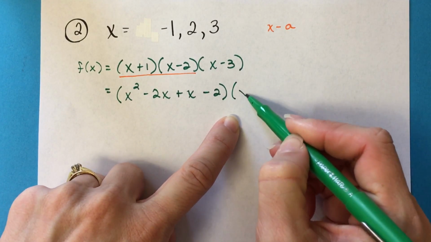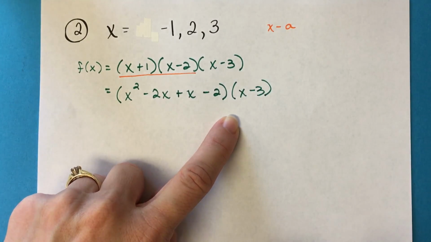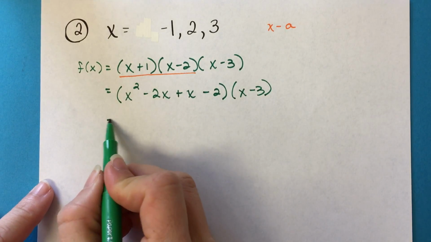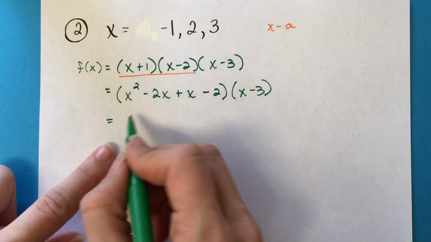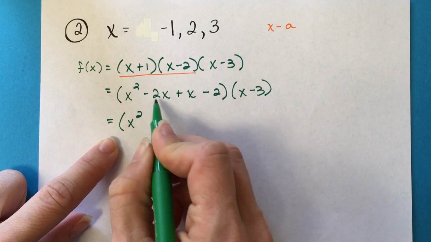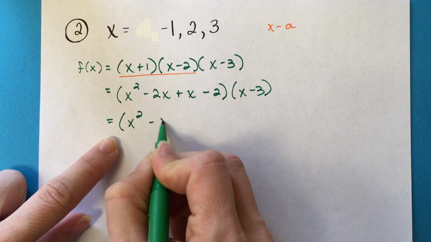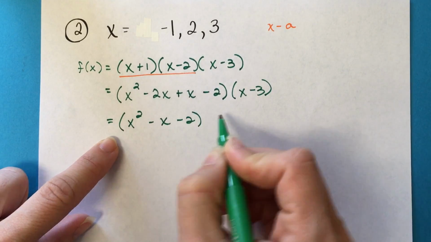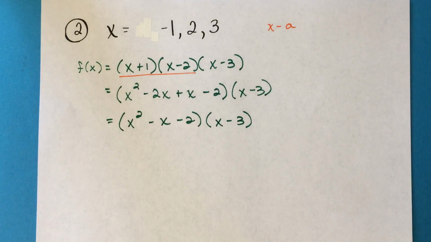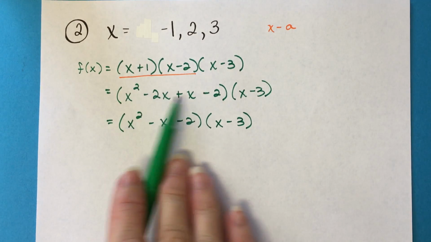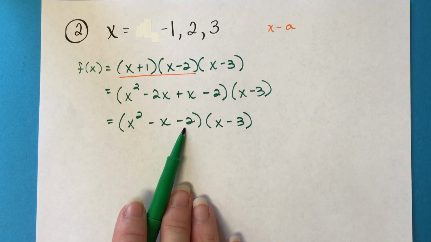Now I'm just going to bring down the x minus 3. I'll use that in just a little bit. I do have like terms here in the middle, so I'll combine those. -2 plus 1 is -1. Okay, so I FOILed out the first 2 and have ended up with this.